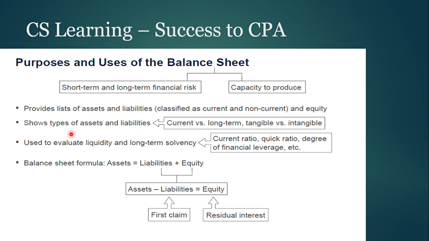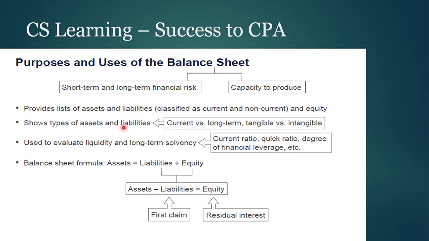And the next part is to show the type of assets and liability: current versus long term, tangible versus intangible. In terms of assets category, if we have more current assets than non-current assets, it is good for us.